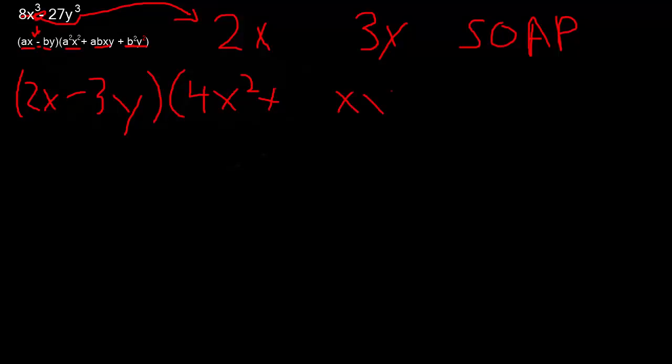And then ab is just 2 and 3, so that's 6. And then b squared y squared is just 3y squared, and make sure, once again, that you square both of those. And you get 9y squared, and that is your answer.